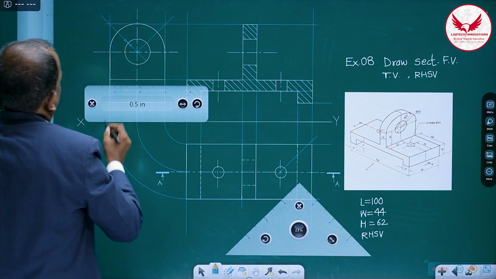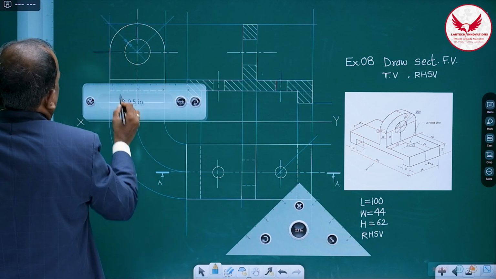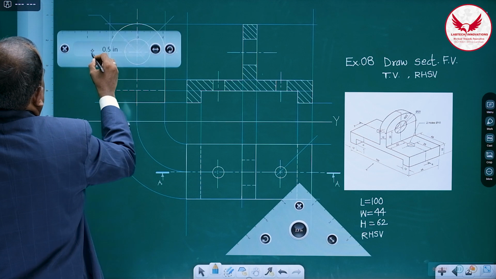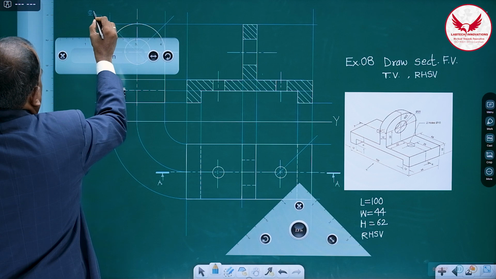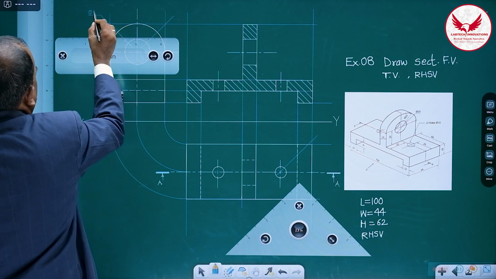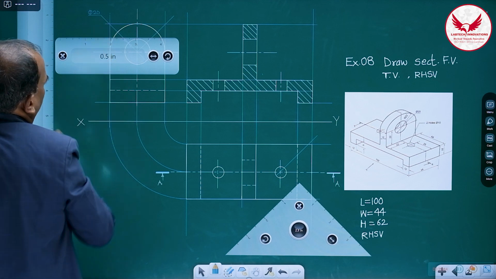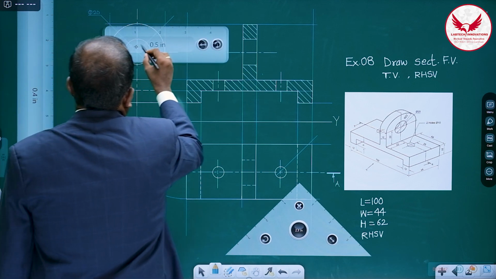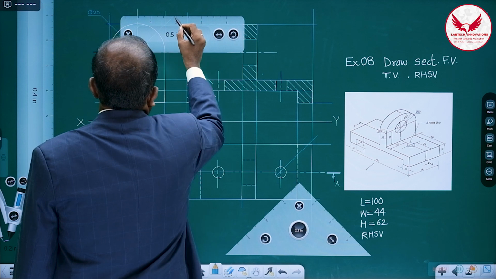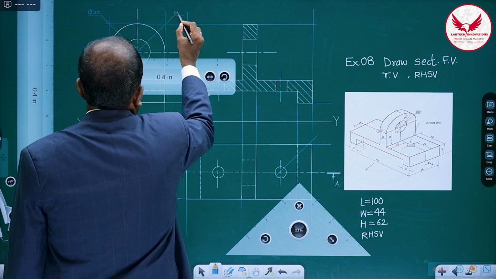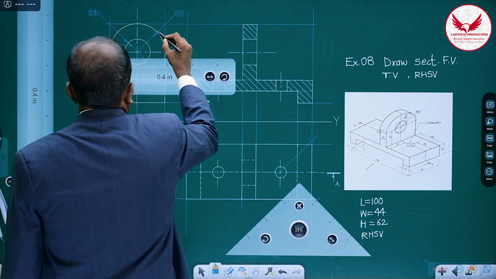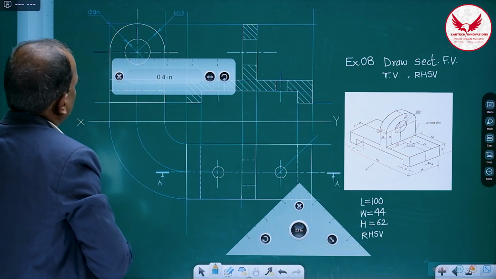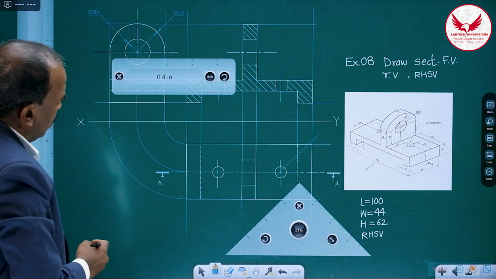This overall diameter is there, and write over here pi 20. Pi 20, and this is the radius 22. These are the circular dimensions.